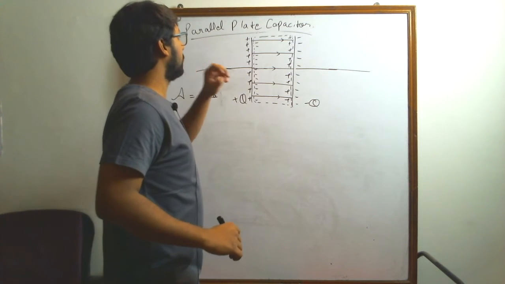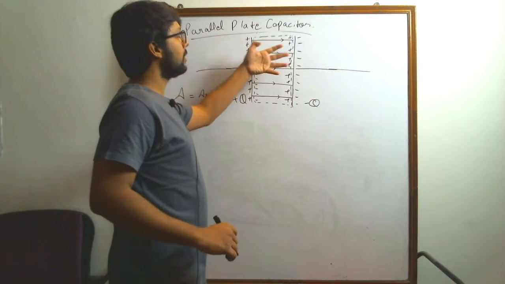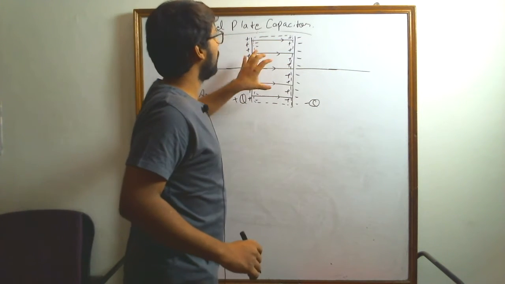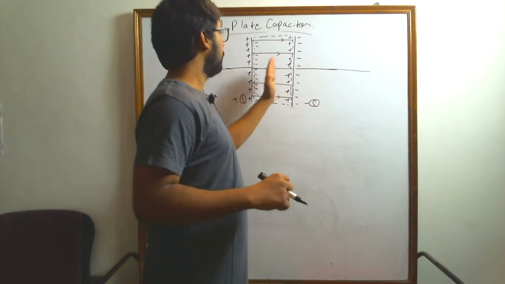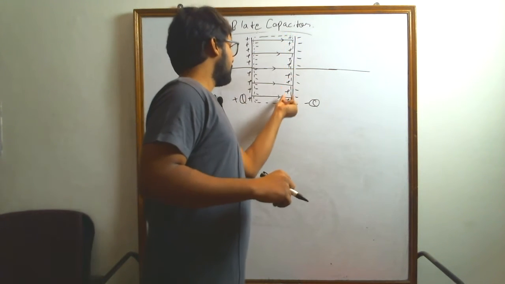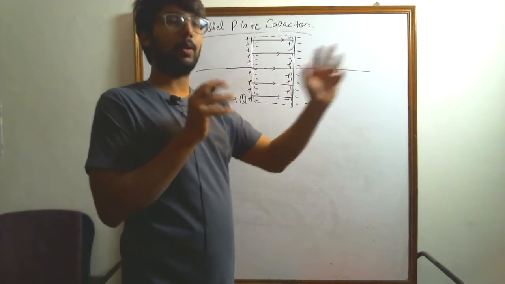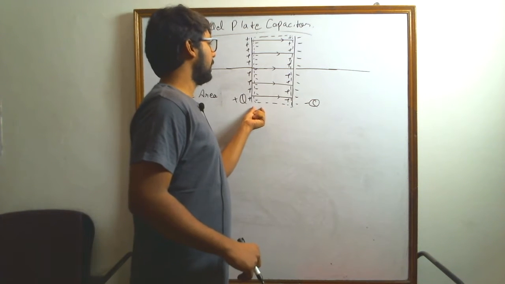So I'm not going to cover all of that here, but what is happening in a dielectric is, because of the field of the capacitor, the molecules get induced with the dipole. The dipoles align, and what happens is, at the surfaces of the dielectric, which is on both the sides, charges accumulate.